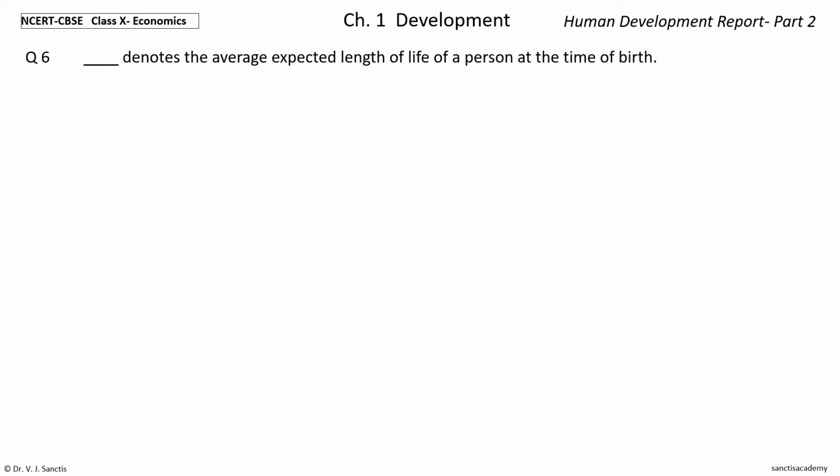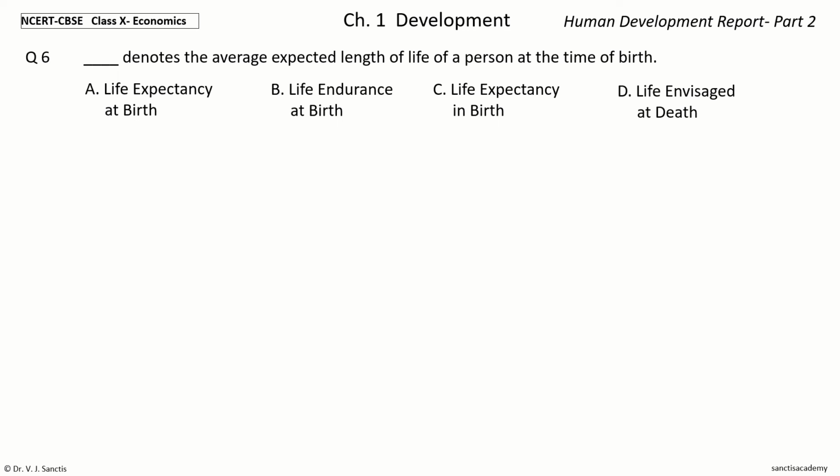Next question, question 6. Dash denotes the average expected length of life of a person at the time of birth. The options are life expectancy at birth, life endurance at birth, life expectancy in birth, life envisaged at death.